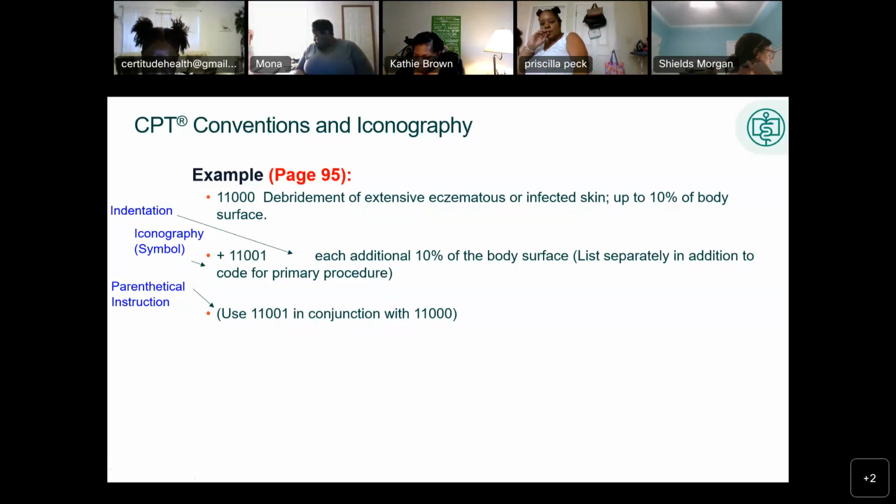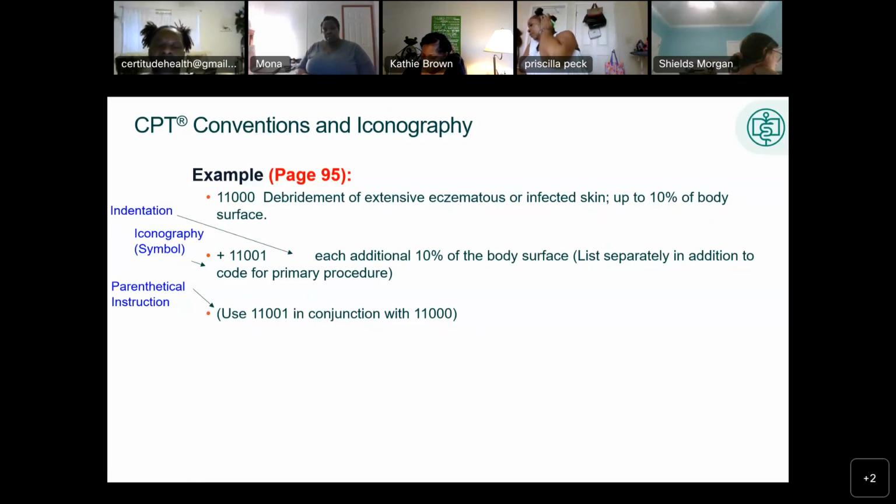So 11001 would be debridement of extensive eczematous or infected skin, semicolon, for each additional 10%. Because the first code represented up to 10%, right? The next code is going to be for each additional.